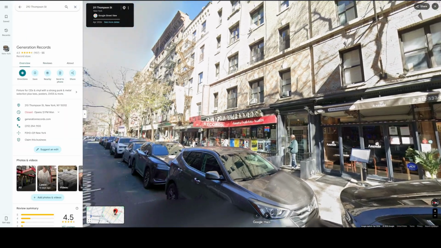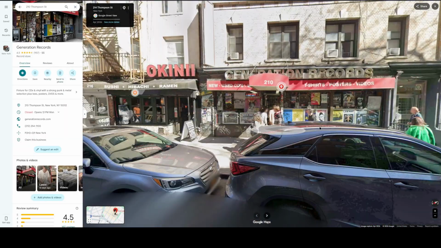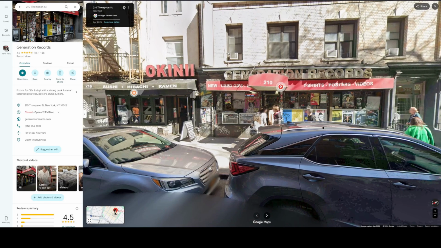So Generation Records has been there for generations. I don't know exactly how long, but I want to say since the 80s. I really don't know, but I've been in there, and it's a really cool place. When I saw that it was still there, obviously not in real life, but on here, I saw that it was still surviving.